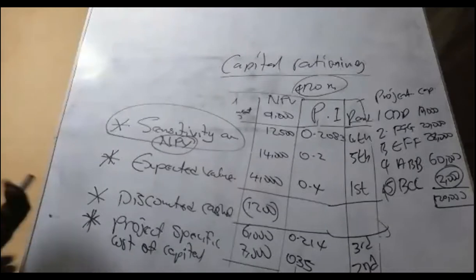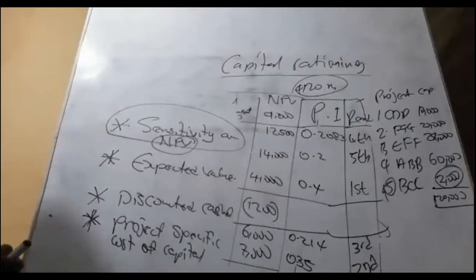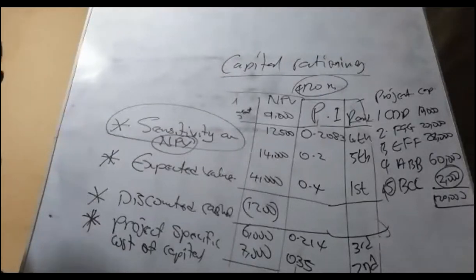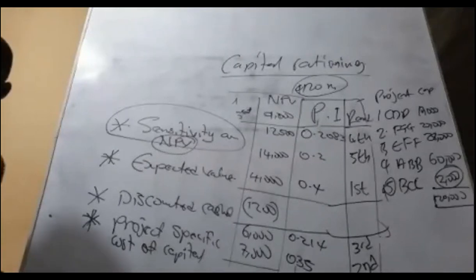How does the NPV react to that? So how does the NPV respond to the changes in any of the variables? So if I change the sales revenue small, will it affect the NPV? If I change the cost of capital, will it affect the NPV? Then you are conducting what you call sensitivity analysis.